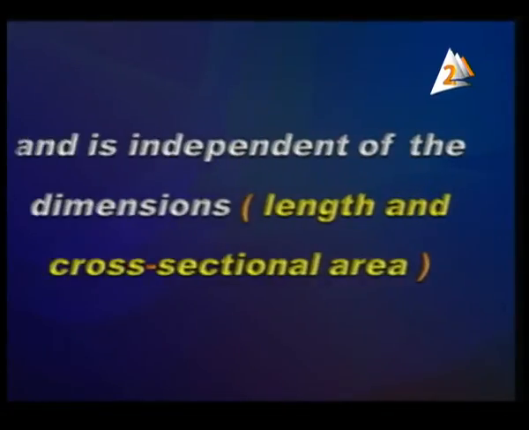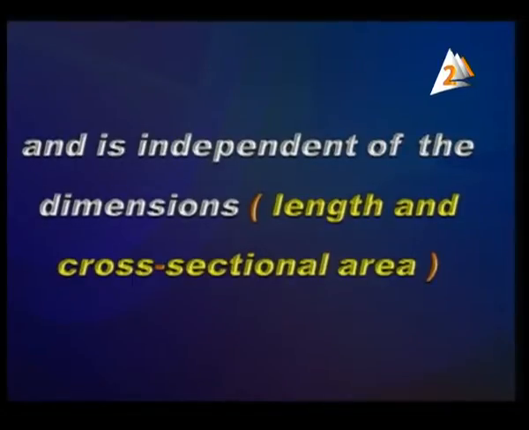Remember, resistivity in general depends on the kind of material and temperature. So at any given temperature, it is a constant and is independent of the dimensions, meaning independent of the length and the cross-section area of the wire.